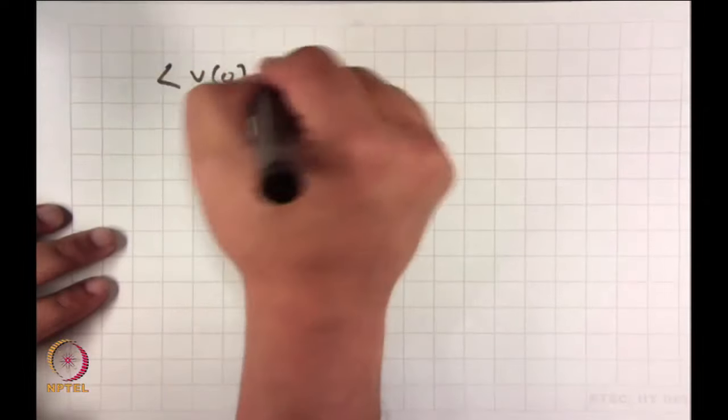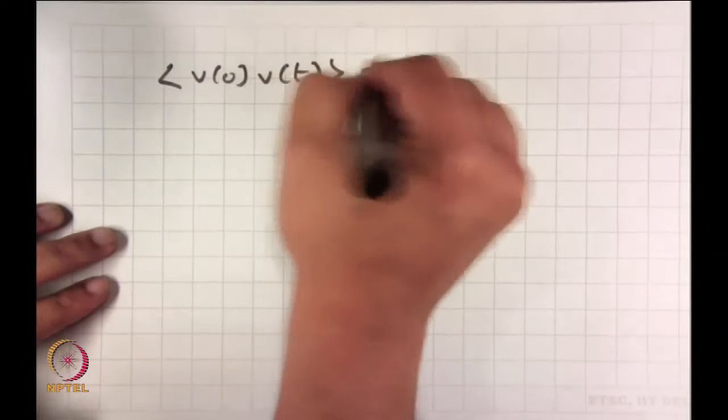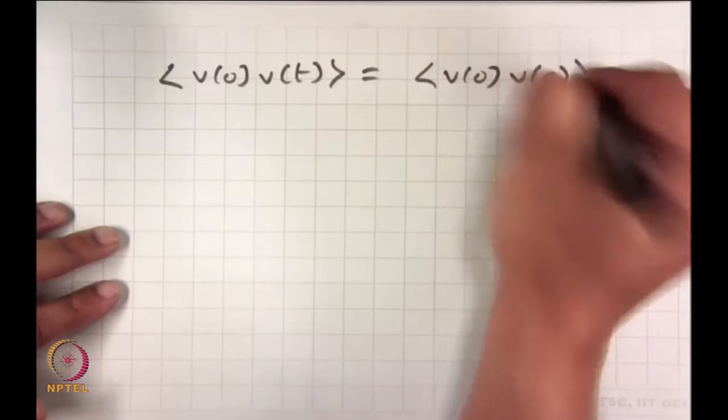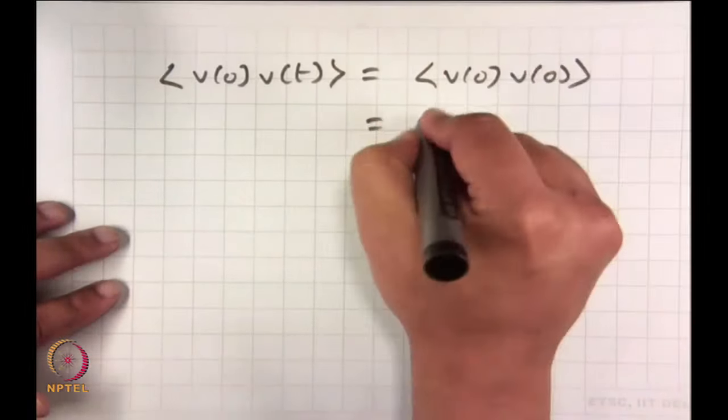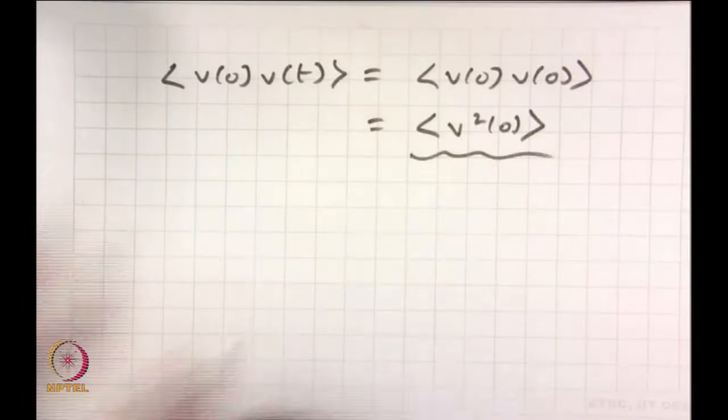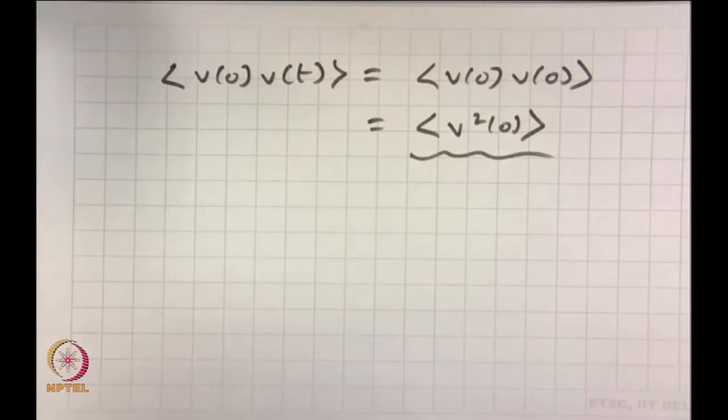Then I can immediately write, for this, V naught V of t is equal to V naught V 0, which is V square 0, right. So, that means at time t very close to 0, from when you have started looking at V 0, which is t is equal to 0, they are absolutely correlated.